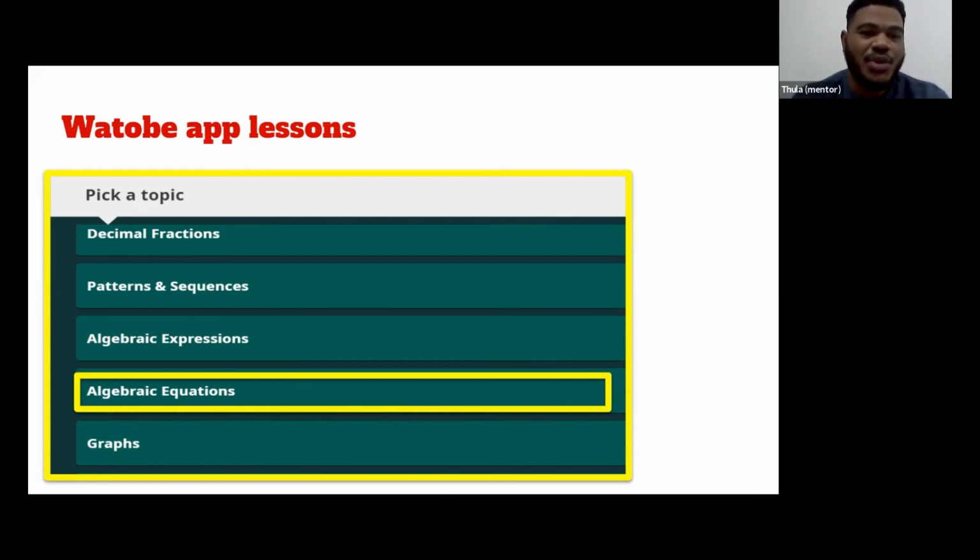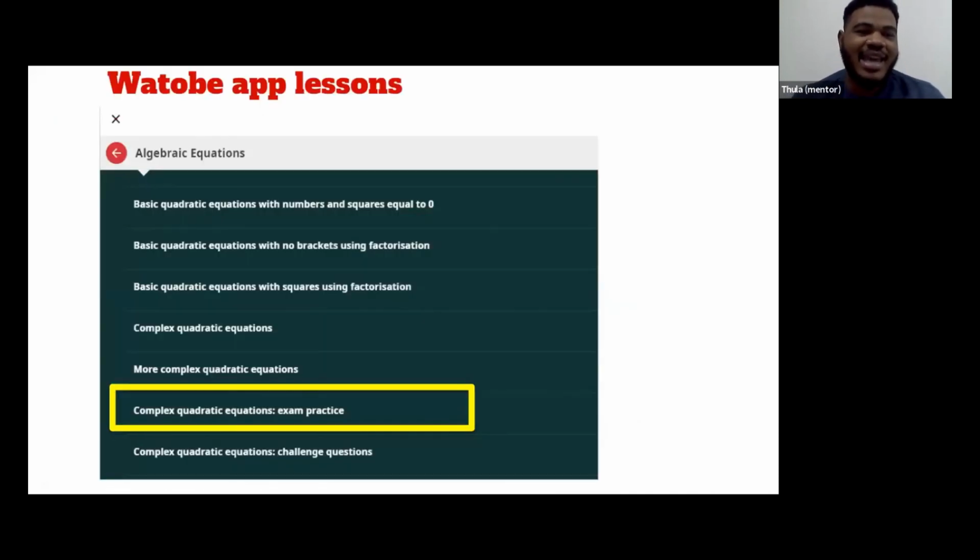So make sure that you go to the Watobi app. Everyone who's here, you've been here, so you know the process. Go to algebraic equations, and then under quadratic equations, you'll find complex quadratic equations exam practice, and then do the activities there, and do as much as you can. Even if it's difficult initially, you are bound to get better at some point with practice.